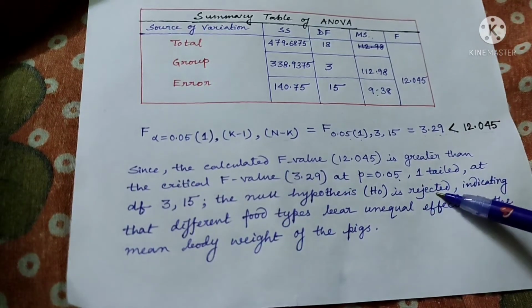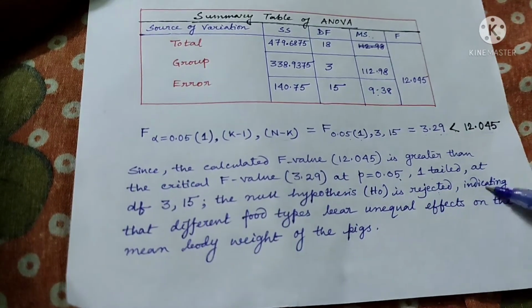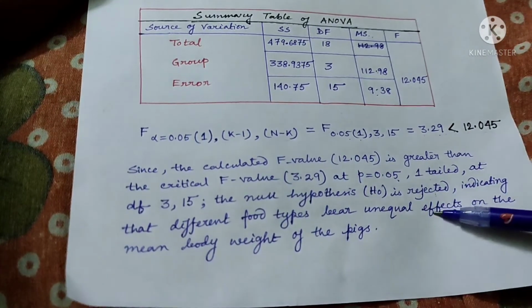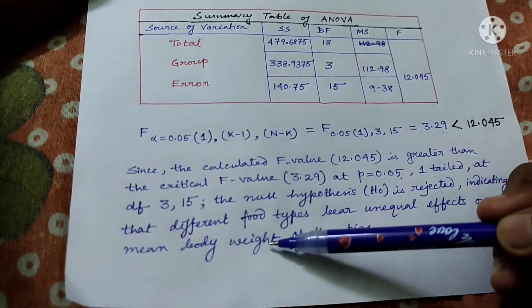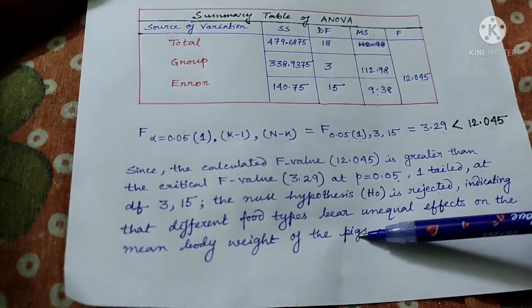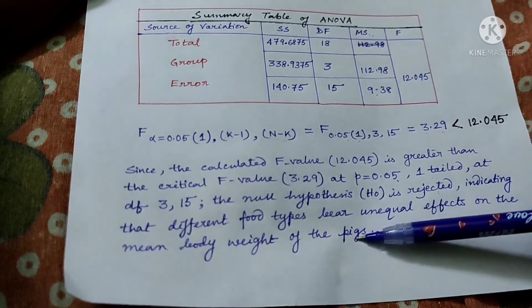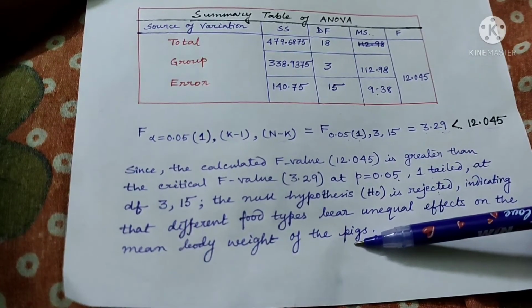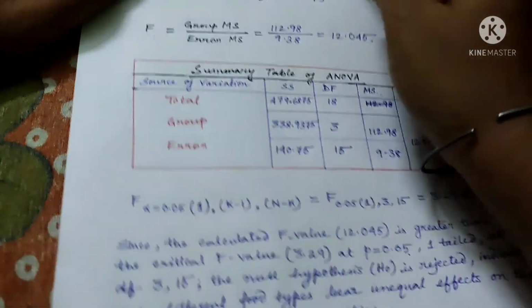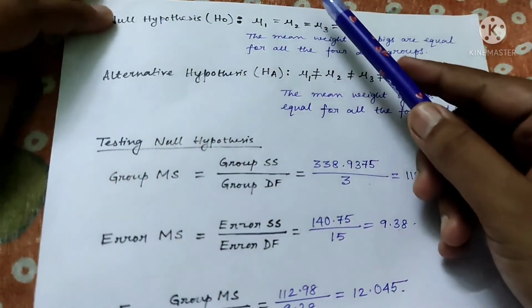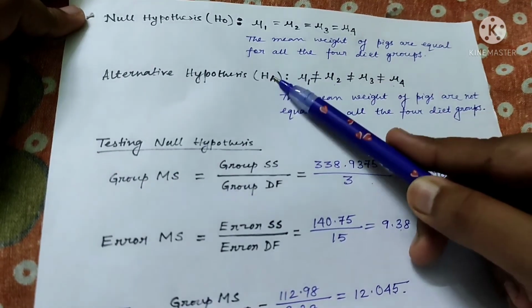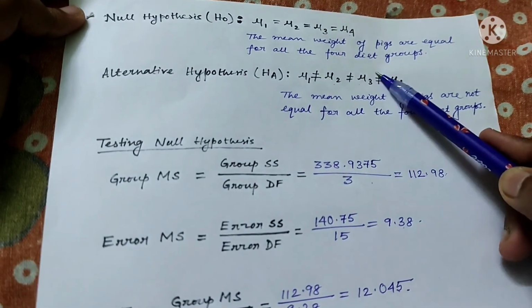Okay, so the null hypothesis is rejected, indicating that different food types bear unequal effects on the mean body weight of the pigs. That means there is some effect of different food types on the body weight of pigs. That means mu1 is not equal to mu2 is not equal to mu3 is not equal to mu4. So the null hypothesis is rejected, whereas the alternative hypothesis is accepted here.